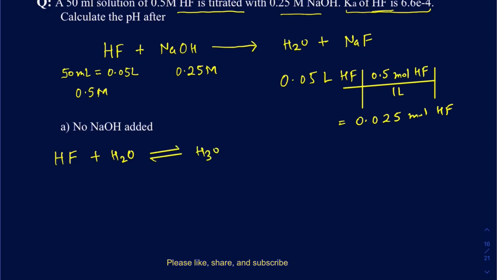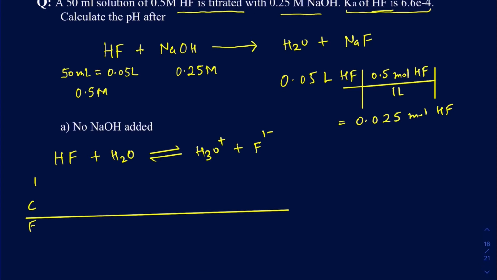So it's going to dissociate a little bit into ions, making F minus. Our job is to figure out how much of this H3O plus we have in the solution, because once we figure out the concentration of H3O plus, we should be able to figure out the pH of the solution.